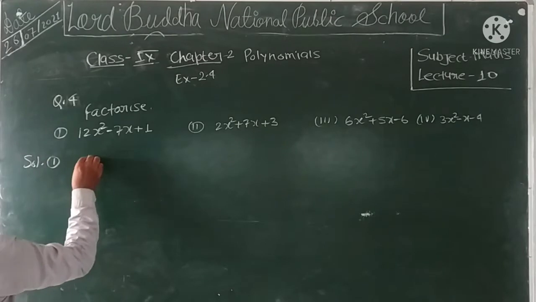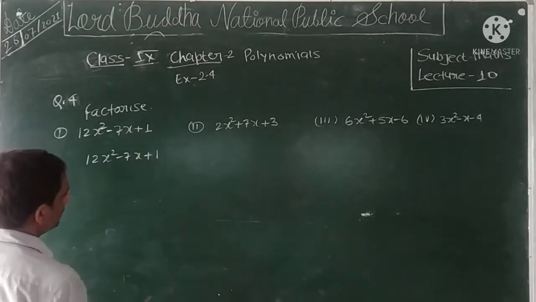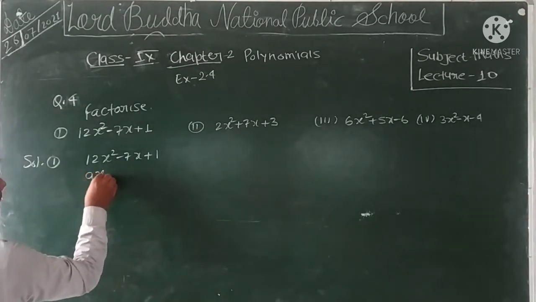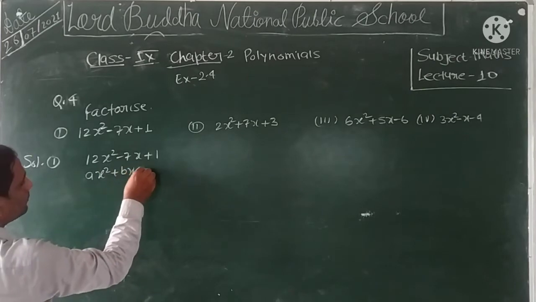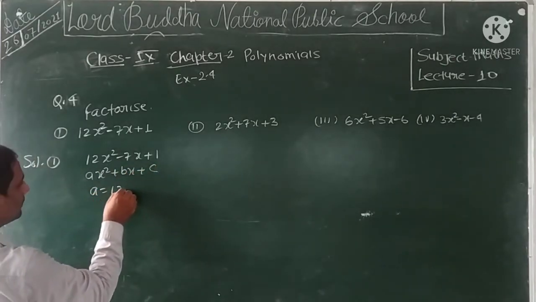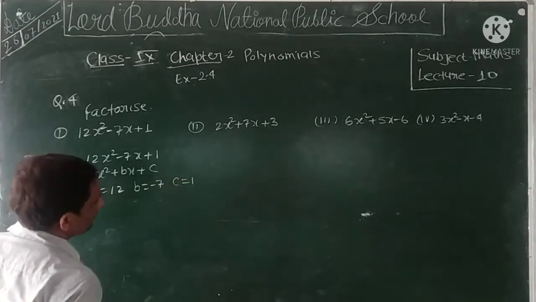First part: 12x square minus 7x plus 1. Compare with the standard quadratic polynomial ax square plus bx plus c. We find here a equal to 12, b equal to minus 7, c equal to 1.